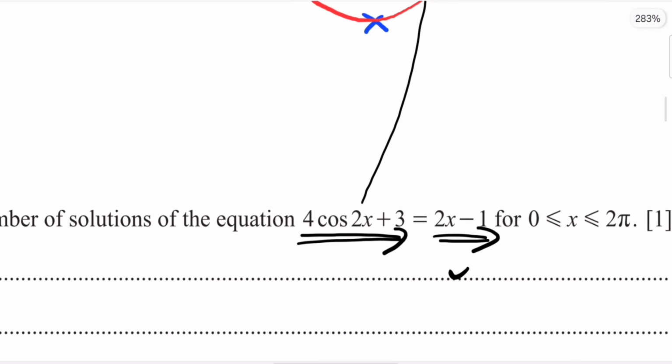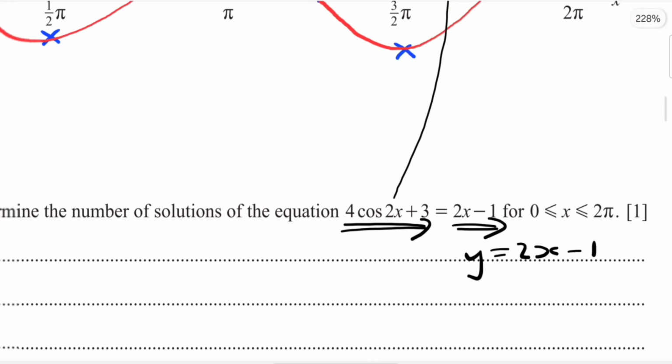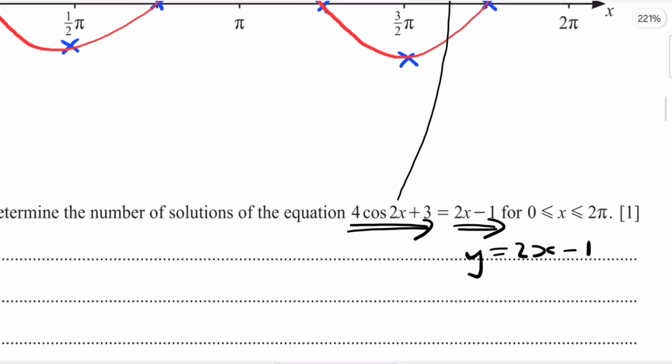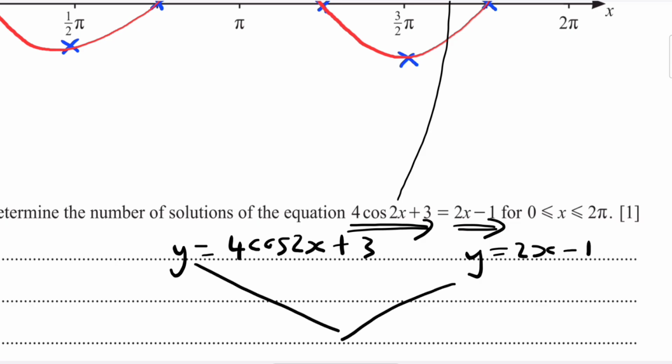And this is a line, y equals 2x minus 1. So we want the points where y equals 2x minus 1 meets y equals 4 cos 2x plus 3. So we know that at that point y is equal to y. That's why they wrote this equal to this, right?